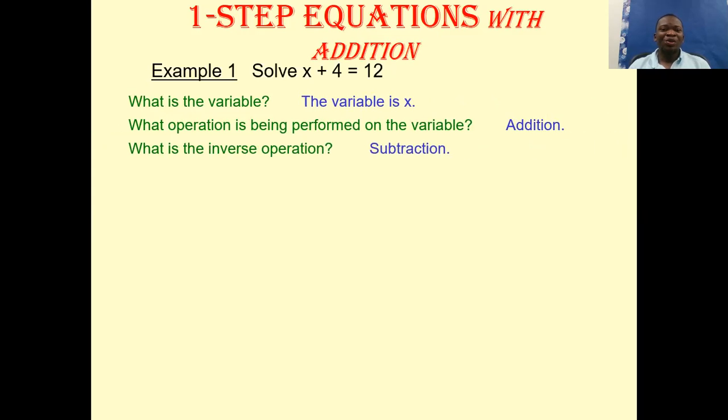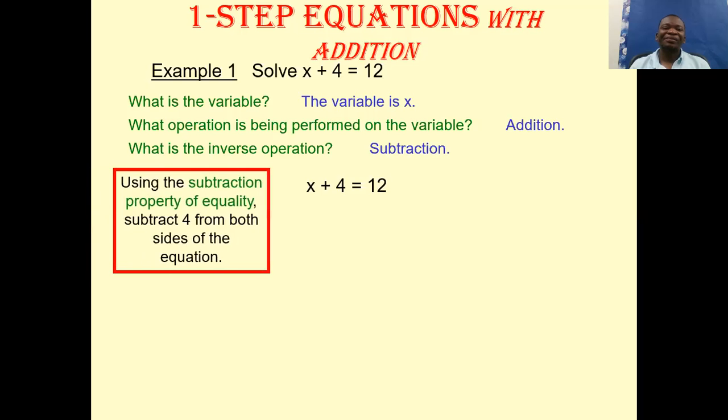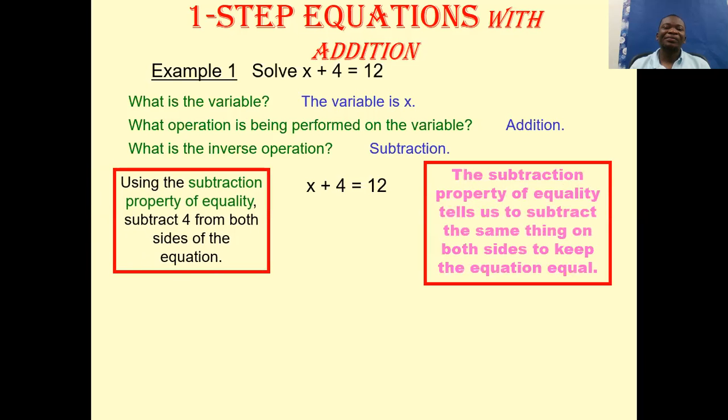So what do we do? We have to undo that operation, and we can do that by subtracting 4 from the left-hand side and 4 from the right-hand side.